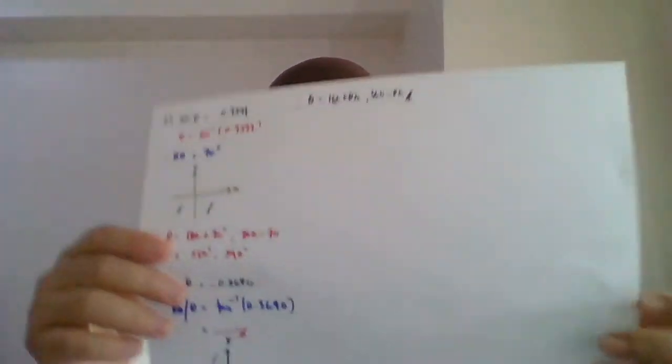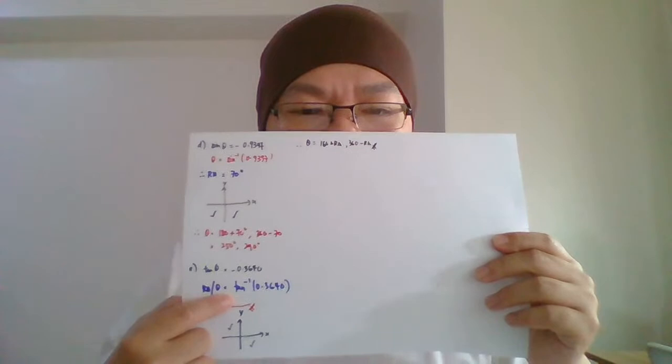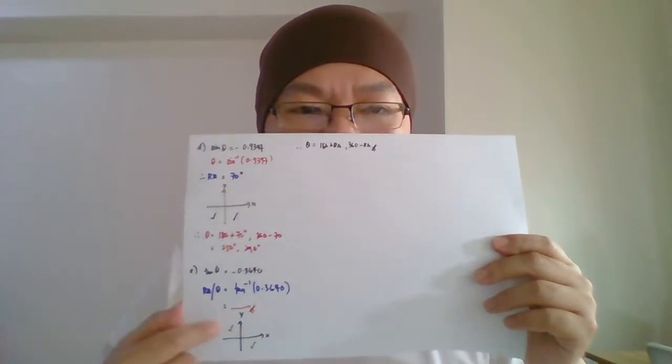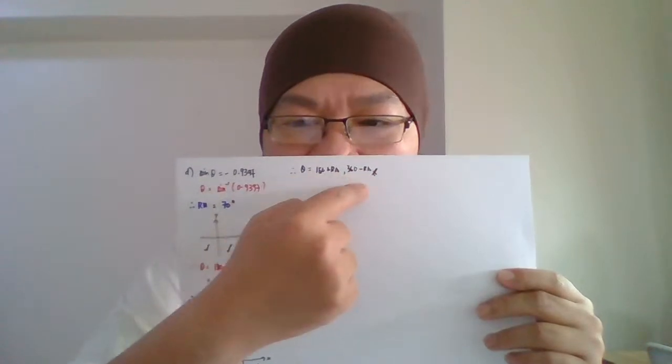That will be your final answer. After we find this RA, we want to find the second and fourth quadrant values, so theta equals this and that. Settled. That is question E.